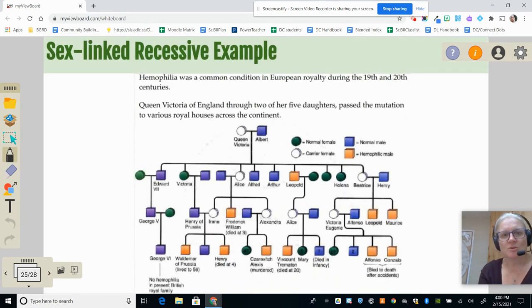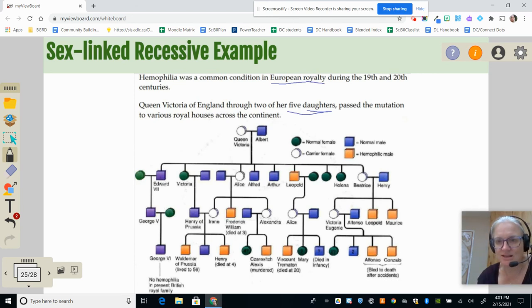This is a very common, very popular sex-linked recessive example: hemophilia was passed on throughout the European royalty during the 19th and 20th centuries. Queen Victoria of England, through two of her five daughters, passed this mutation on to other royal houses across the continent.